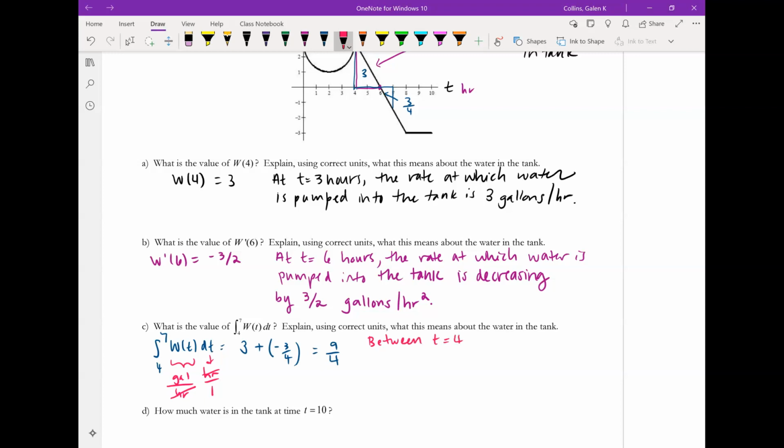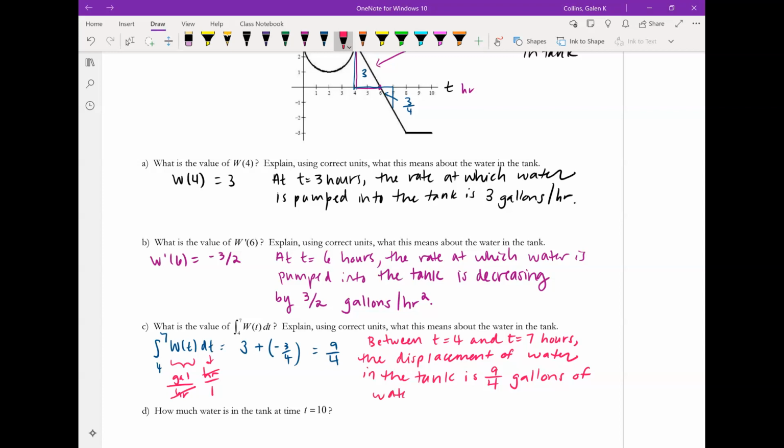So how I would explain this is I would say between time t equals 4 and t equals 7 hours, the displacement of water in the tank is 9/4 gallons of water.